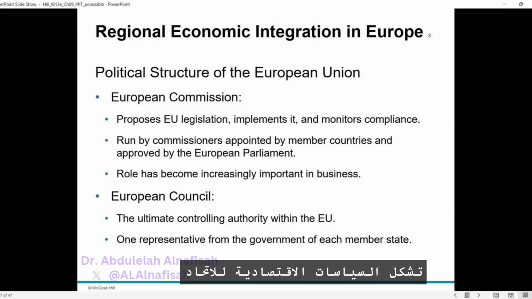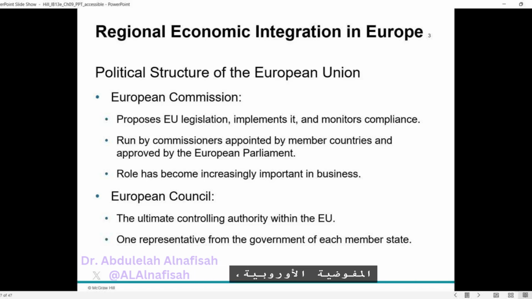The economic policies of the EU are shaped by a complex political structure consisting of four main institutions: the European Commission, the Council of the European Union, the European Parliament, and the Court of Justice.